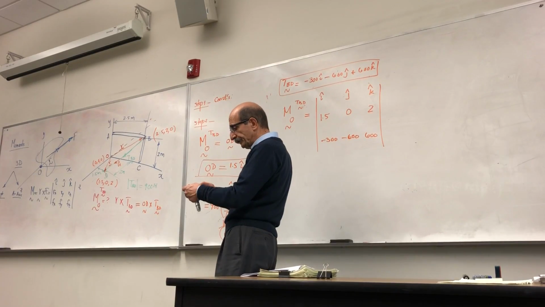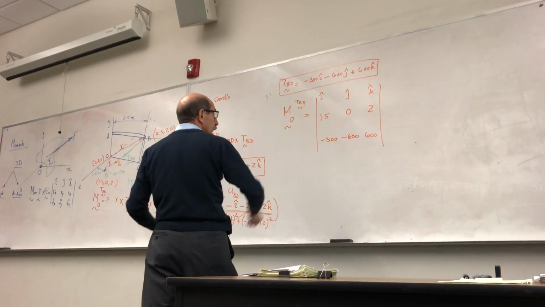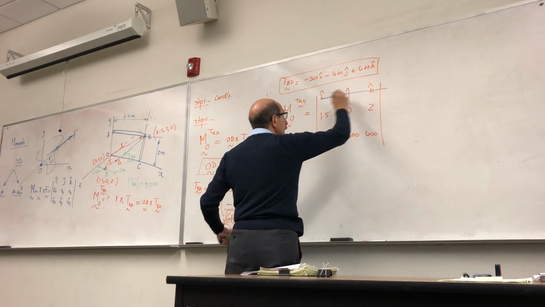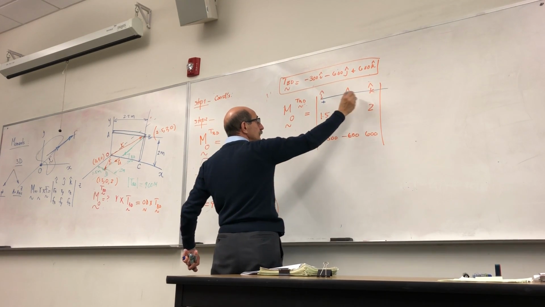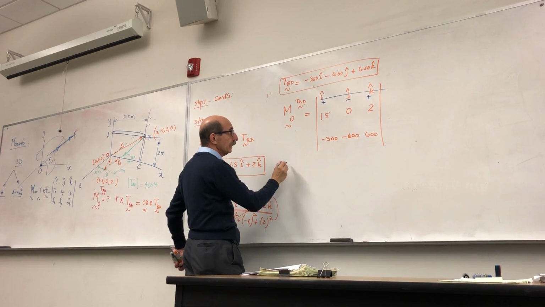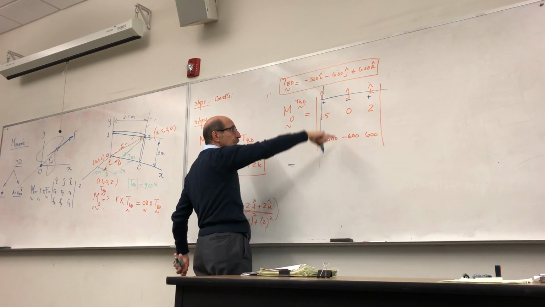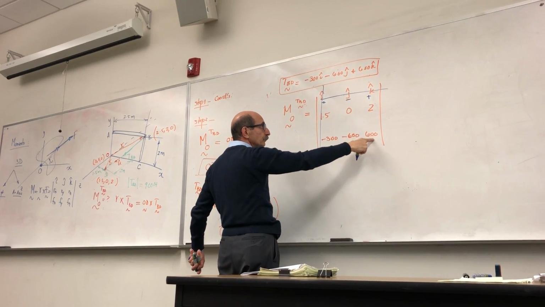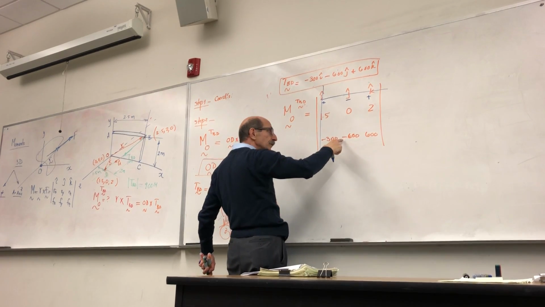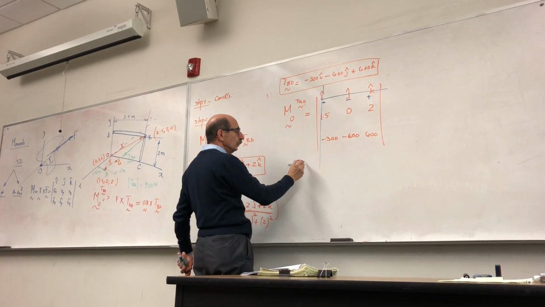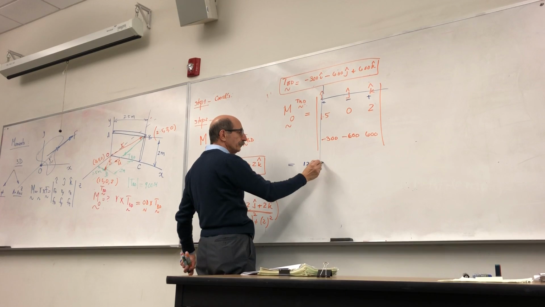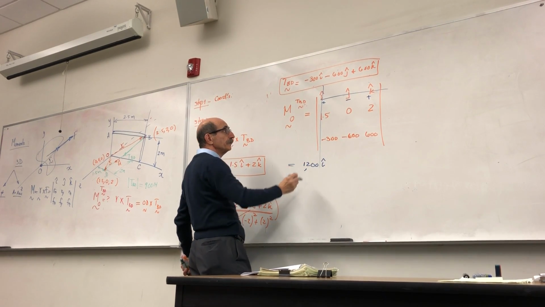Expand this determinant according to the first row. So this is positive, this is negative, this is positive. The outcome would be, eliminate row and column corresponding to i. So it would be 0 times 600 minus 600 times 2, so negative 1200 i.